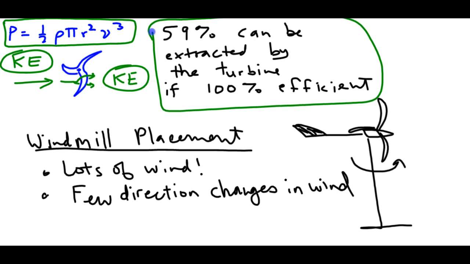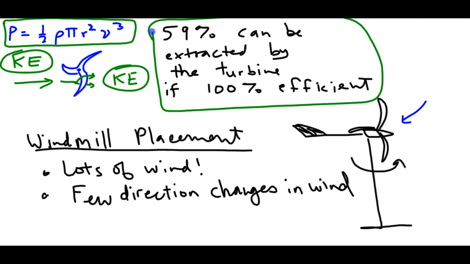But the problem with rotation like this is that we lose energy to friction because this turbine is so heavy. This is a big, heavy thing, and we want to avoid rotation due to direction changes in the wind. So we find places where the wind tends to just flow all in one direction continuously for long amounts of time. That's the best place to put a windmill.